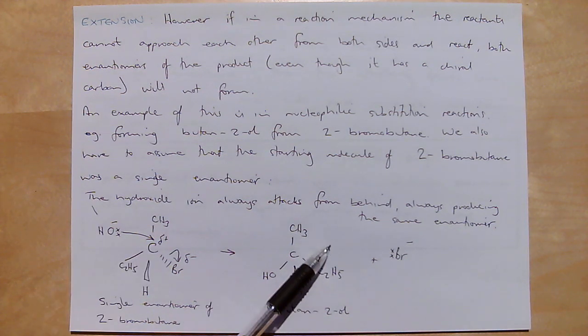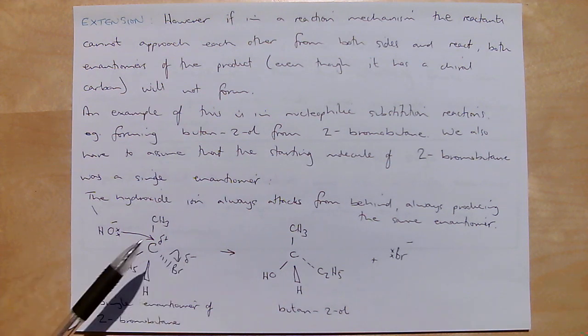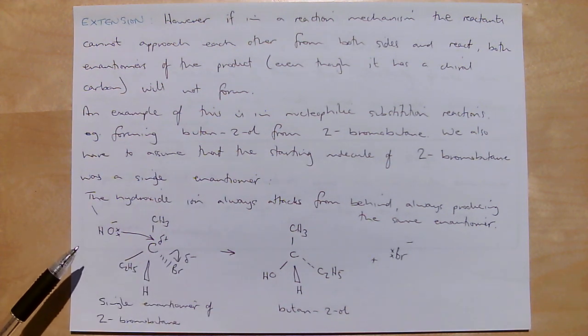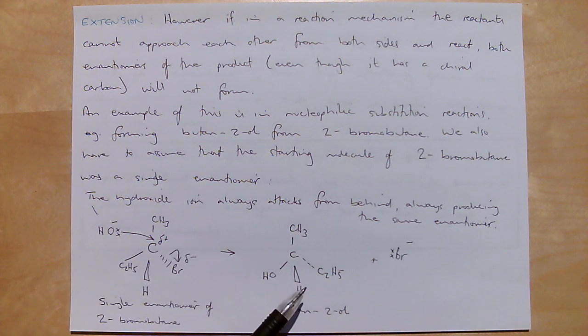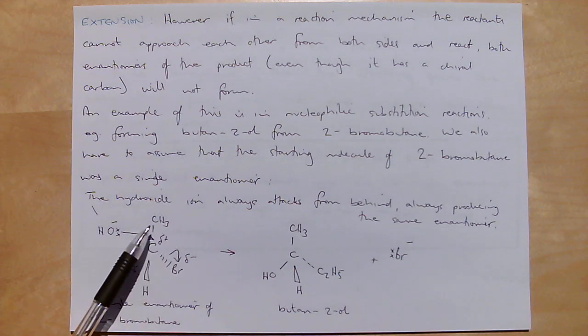So therefore I always get this product, which is just one enantiomer of butan-2-ol. So the key here is this is nucleophilic substitution. So the formation of single enantiomers in nucleophilic substitution is possible if our starting reactant is a single enantiomer.